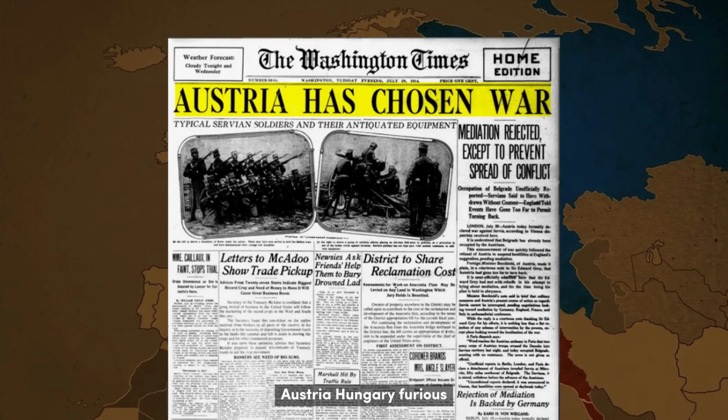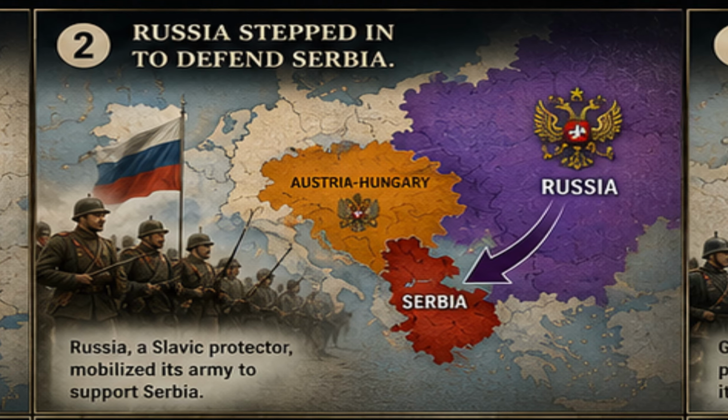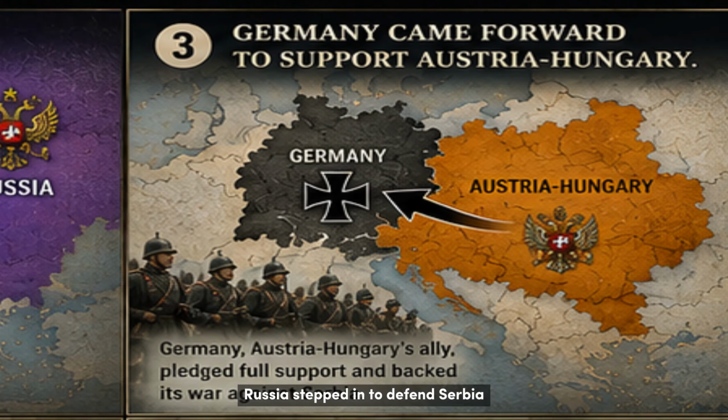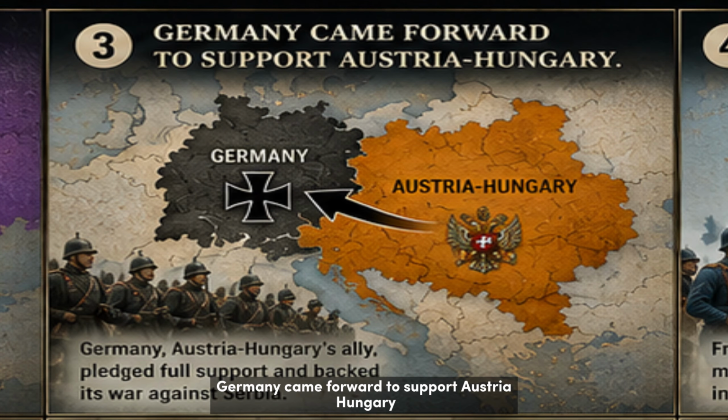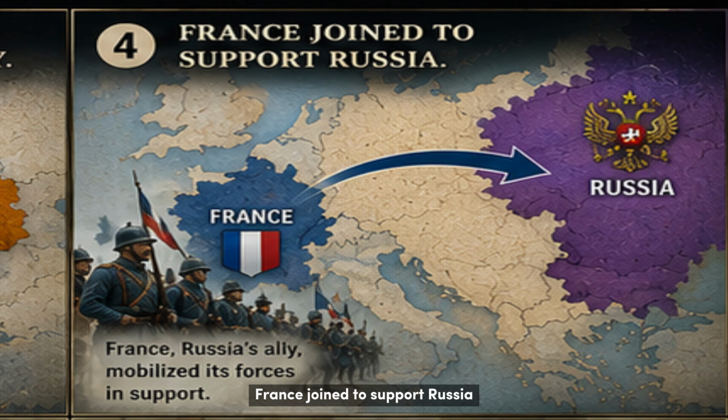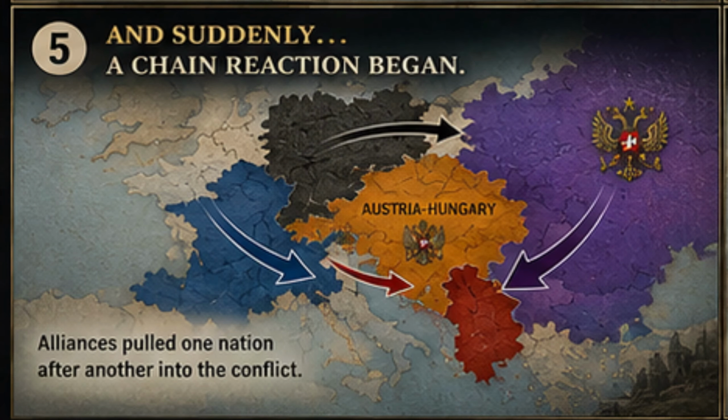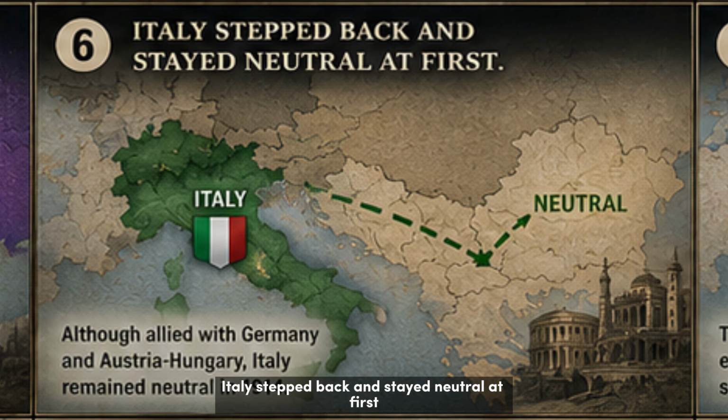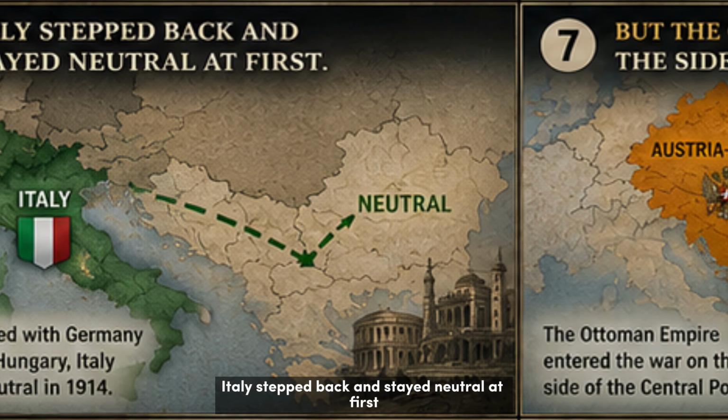This single event shocked the world. Austria-Hungary, furious, declared war on Serbia. Russia stepped in to defend Serbia. Germany came forward to support Austria-Hungary. France joined to support Russia. And suddenly, a chain reaction began. Italy stepped back and stayed neutral at first.